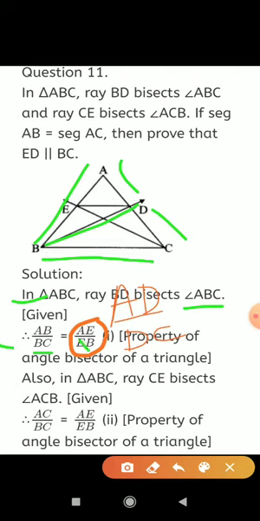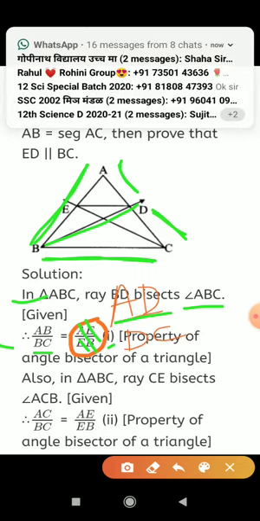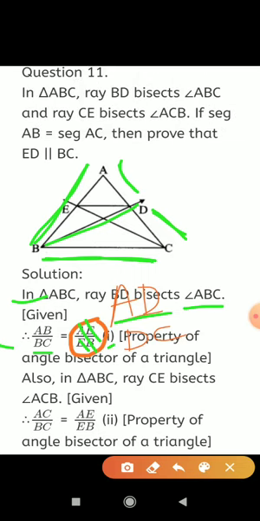Here in triangle ABC, BD bisects angle ABC, and therefore we have AB upon BC is equal to AD upon DC. There is a printing mistake here; we have to write AD upon DC, because this is the bisector of angle ABC. So this is our equation number 1, according to the property of the angle bisector of a triangle.